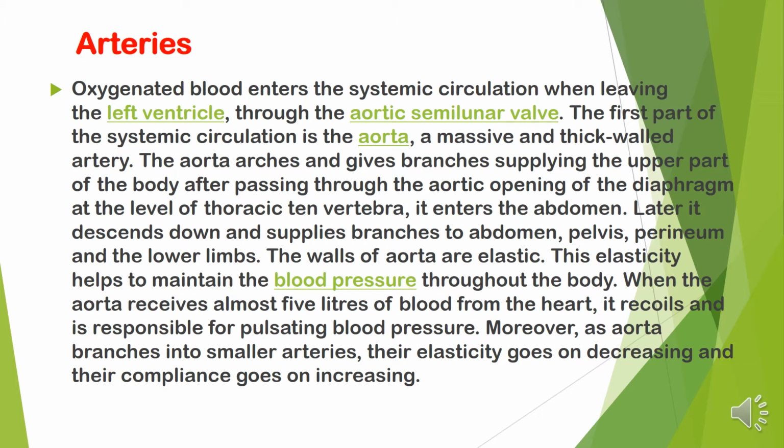Next are arteries. In the arteries, class, oxygenated blood enters the systemic circulation when leaving the left ventricle through the aortic semilunar valve. The first part of the systemic circulation is the aorta, a massive and thick-walled artery. The aorta arcs and gives branches supplying the upper part of the body.